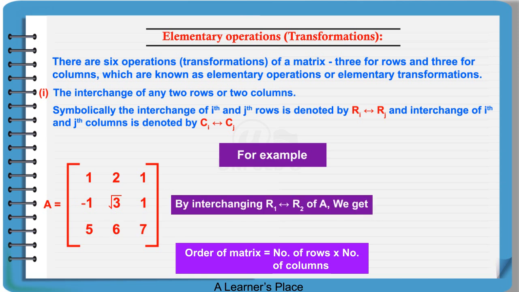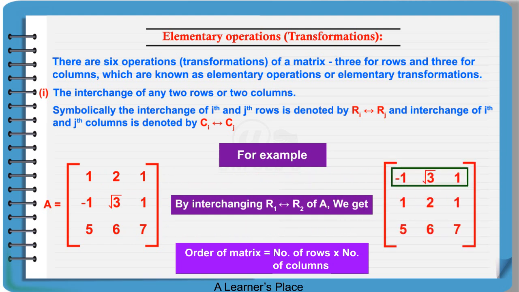By interchanging R1 and R2 of A, we get a matrix of order 3 by 3 with first row entries -1, √3 and 1, second row entries 1, 2 and 1, third row entries 5, 6 and 7.